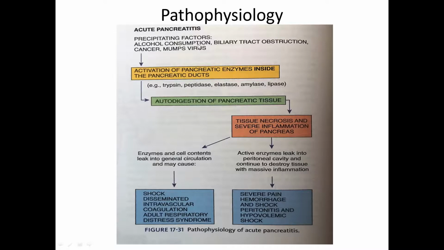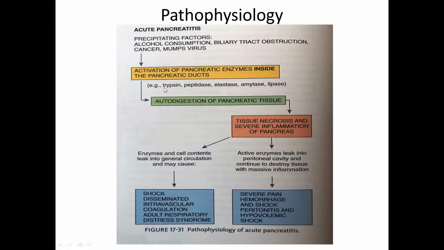Let's recall the physiology. When the acinar cells are assaulted, most commonly by alcohol consumption or abuse, or obstruction due to gallbladder stones, these are the major factors which help in pre-activation of the pancreatic enzymes.